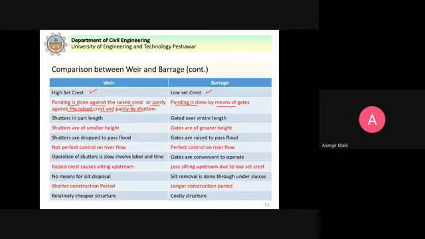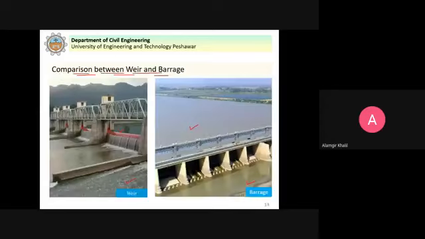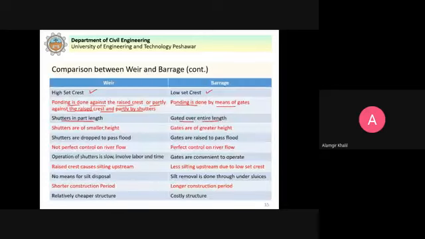In case of a weir, shutters are in part length, but a barrage is gated over the entire length. You can see here the barrage is a throughout gated structure. But in case of a weir, the gates can be partial. You will see later on, we will discuss this in detail. Shutters are of small height. Gates are of greater height.